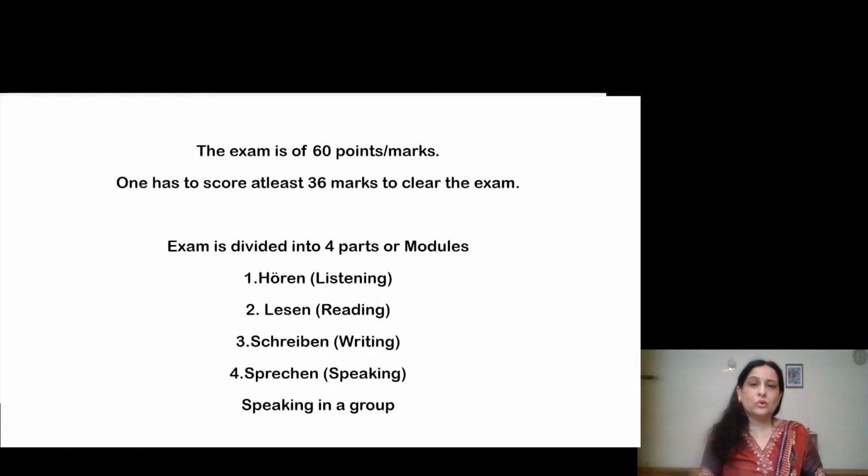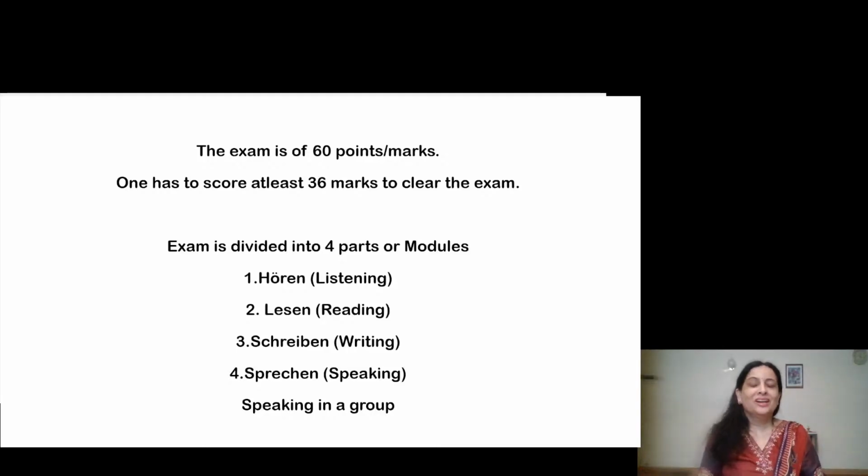And one has to score at least 36 marks to clear the exam. Basically, one has to score 60% marks. So out of 60, you have to score at least 36 marks to clear this exam.